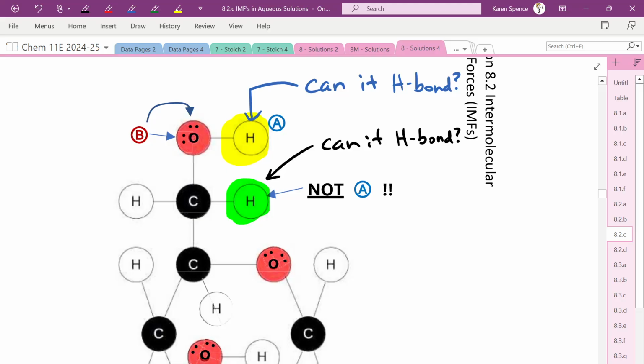Can it hydrogen bond? Thumbs up, thumbs down. Thumbs down. Why? Because it's bonded to carbon. And what do we know about carbon and hydrogen? Their electronegativities are similar. Yeah?